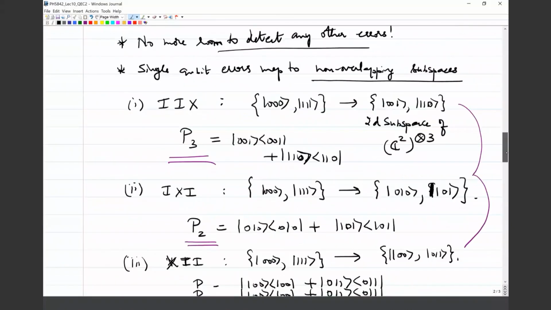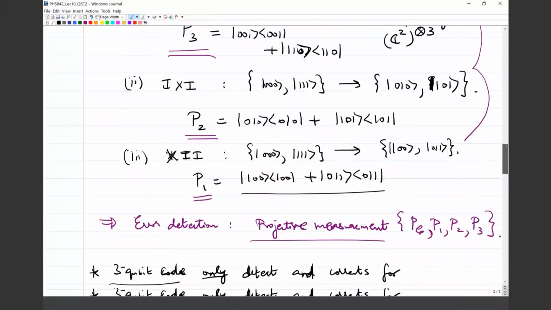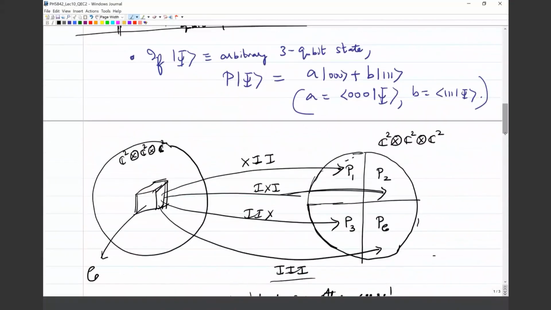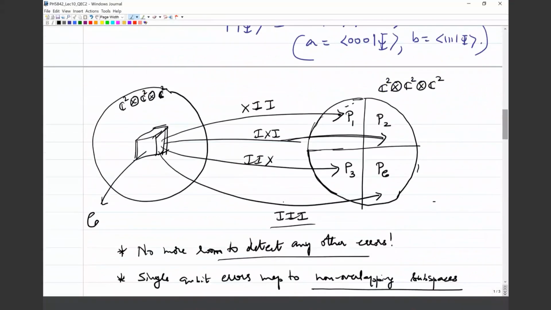So what I was trying to say is you have these 4 different Kraus operators, right? The all identity operator, and the single X operator with X occurring in each of the 3 different locations. And these 4 error operators map your code space to 4 distinct spaces inside the larger 3-qubit space. You can associate a projection because each of these is now a 2-dimensional subspace, right?